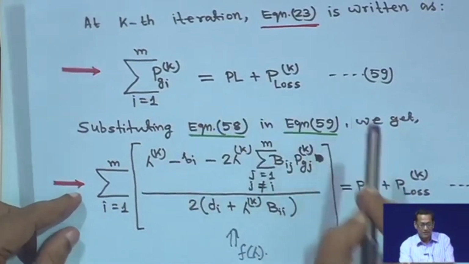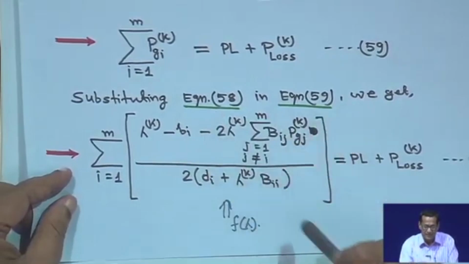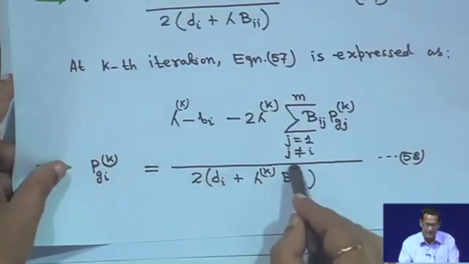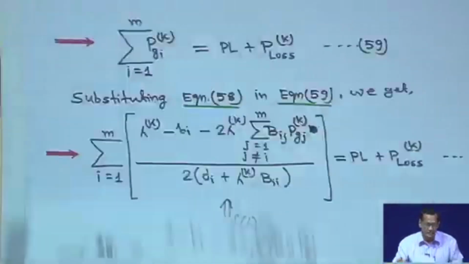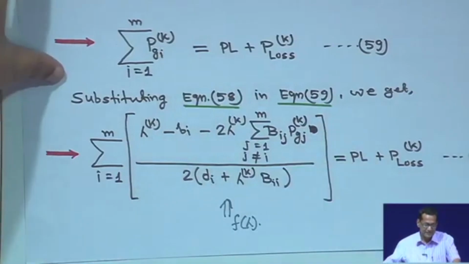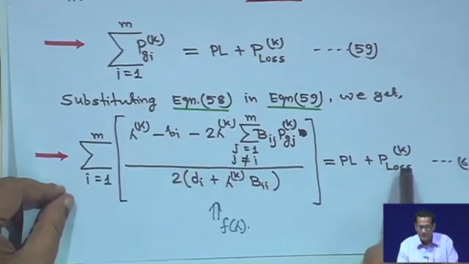Similarly, substituting equation 58 in equation 59, that means, pgi k is this expression, you substitute here in this sigma, that means, you will get sigma i = 1 to m, this whole thing, equal to PL plus P loss k.